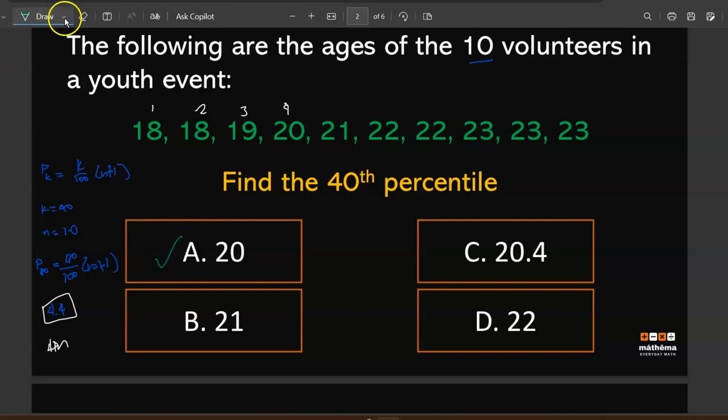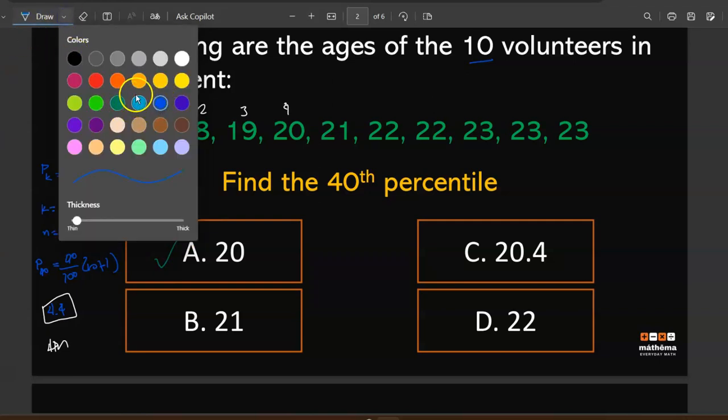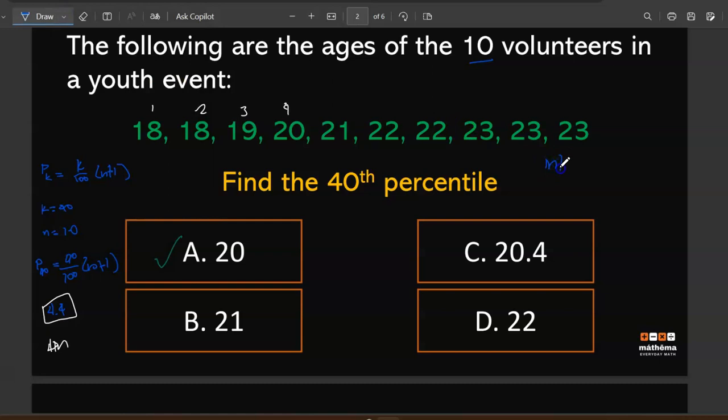Now what if we make use of the interpolation approach? We will consider the decimal here, the 0.4.